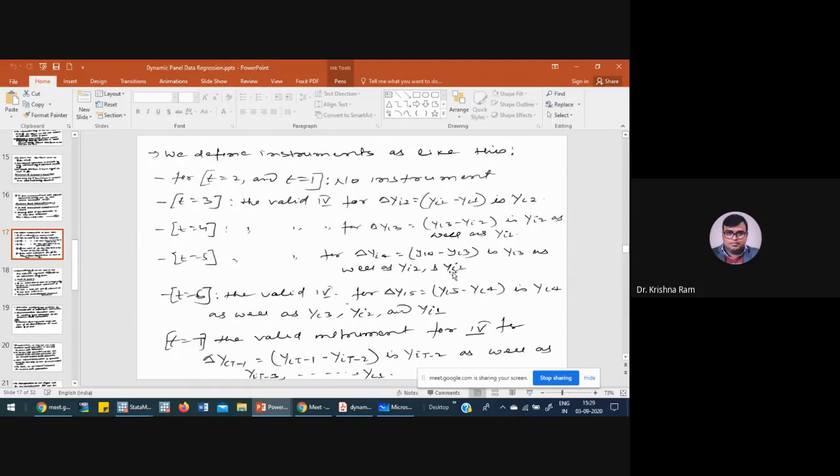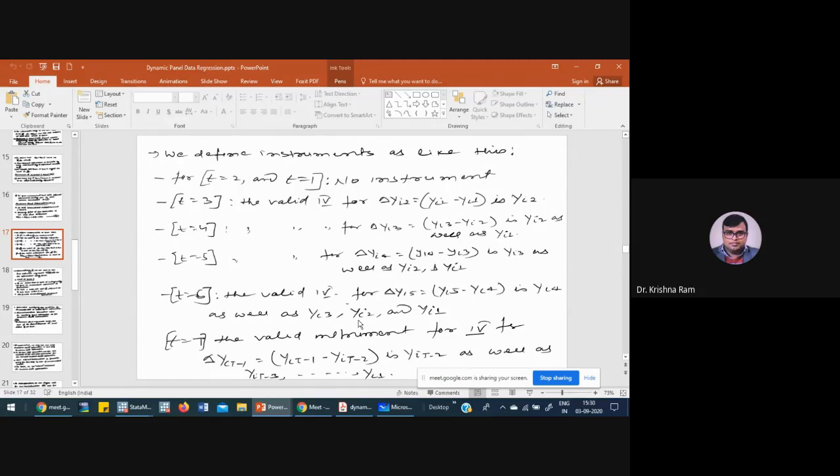And so on. For t equal to 4, 2 instruments; t equal to 5, 3 instruments; t equal to 6, 4 instruments; and t equal to 7, 5 instruments. So the total becomes 14 instruments: 2 plus 3 plus 4 plus 5.